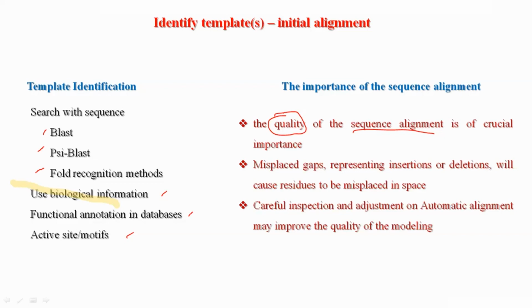If more gaps, insertions or deletions are there, it will represent a non-homolog for the target. So the alignment should be considered because this alignment defines the template, and the template defines the quality of the entire model. So target sequence alignment is more important. And how will we perform that target sequence alignment?